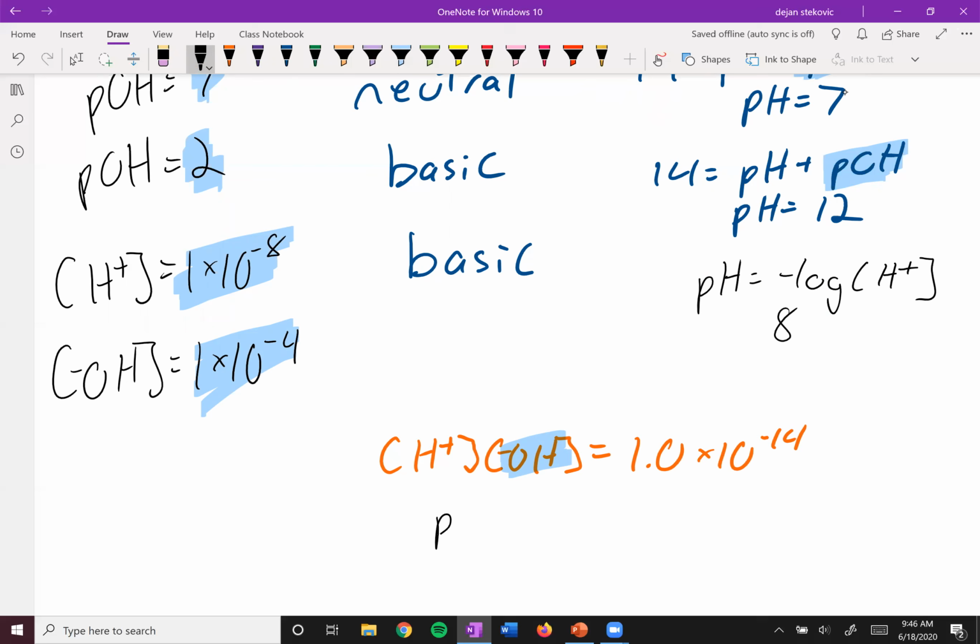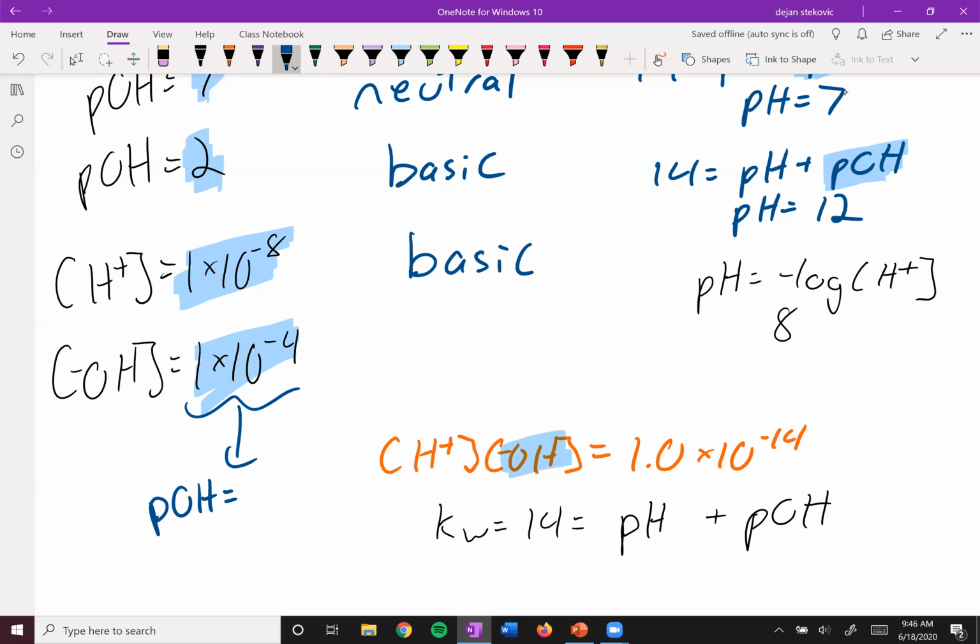You could also say that the Kw is equal to 14, which is equal to pH plus pOH, right? Then you can convert this to pOH, right? Because pOH is equal to the negative log of hydroxide, which we see that we have up to the negative 4.